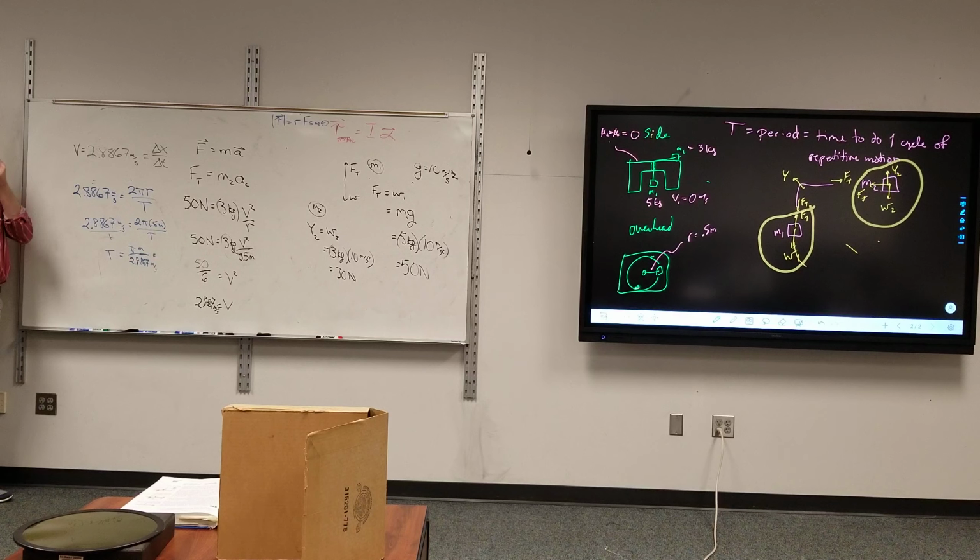Are we using a number for pi, like 3.5? Yes, please use a number for pi. 1.089. 1.088.